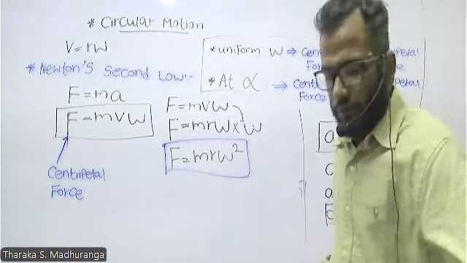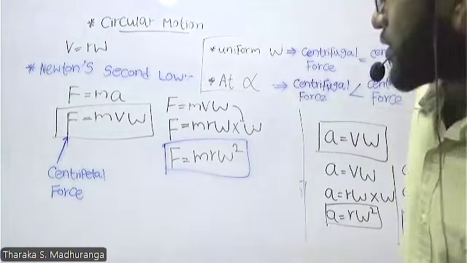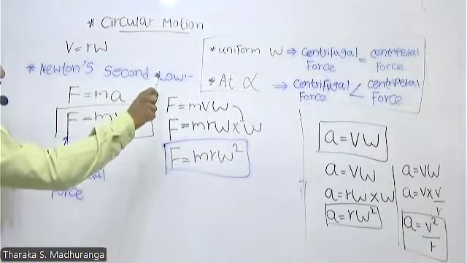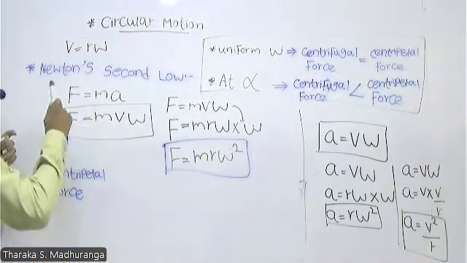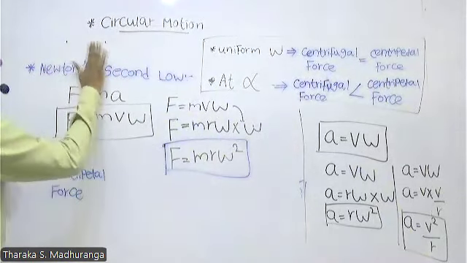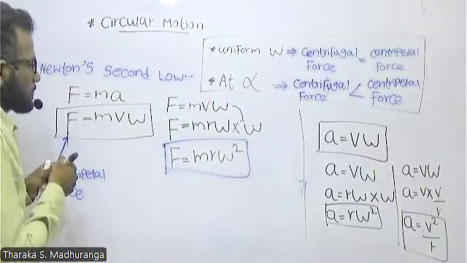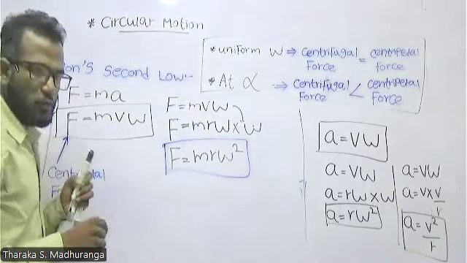Okay, write down F equal. You need to write this down clearly. F equal ma is Newton's second law. According to Newton's second law, F equal ma is the equation. Write it down like this: F equal ma.